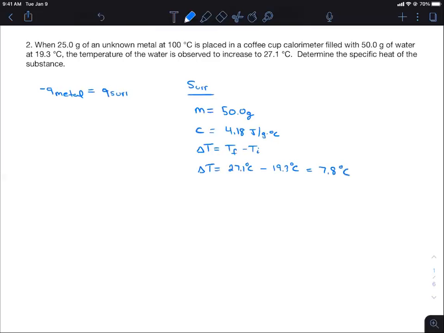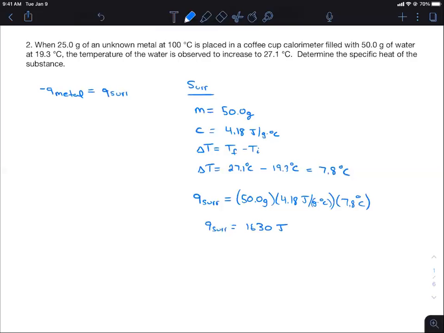Now we can plug that in, and our Q of the surroundings, always good to keep it labeled, is going to be 50 grams of the water times the 4.18 joules per gram per degree Celsius times 7.8 degrees Celsius, and Q of the surroundings is then equal to 1,630 joules.